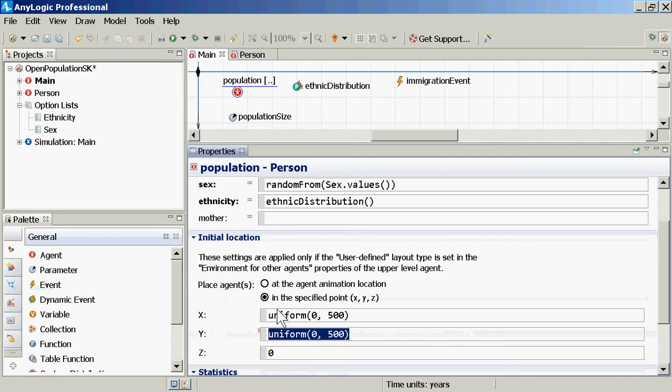So, for example, based on ethnicity, based on their income, based on their age, based on other characteristics, we could assign them an X and Y location here. And that would make their layout depend on those characteristics.